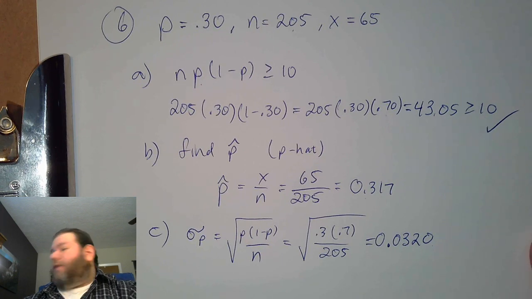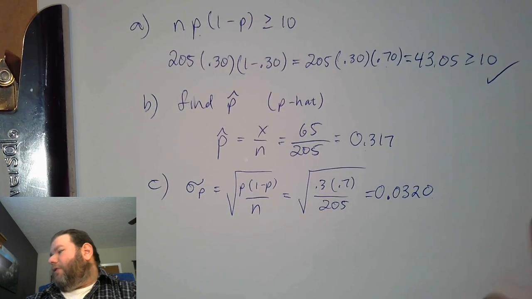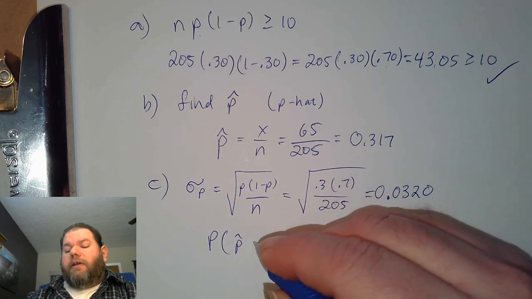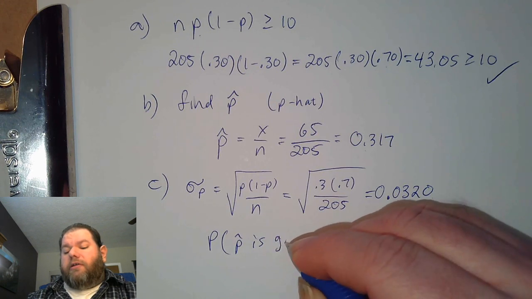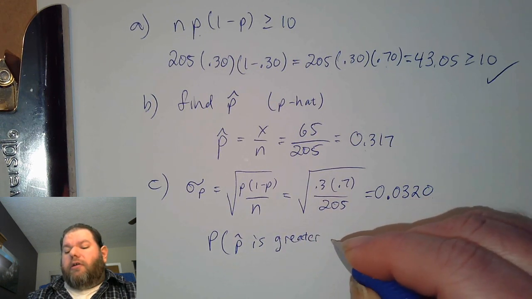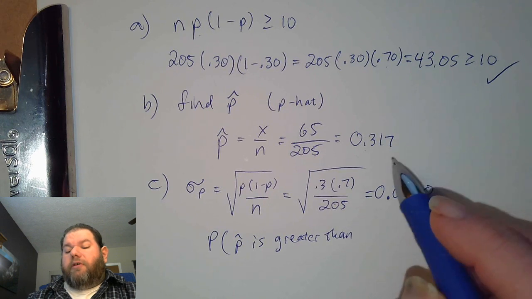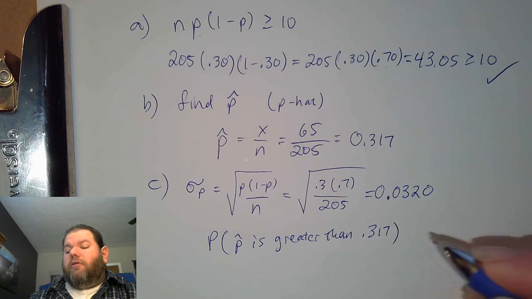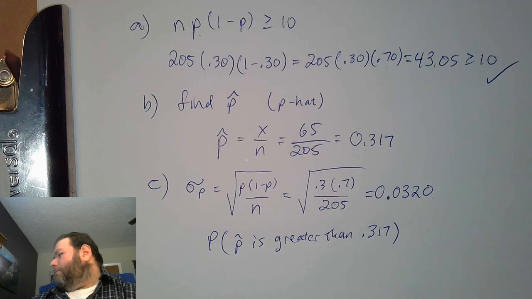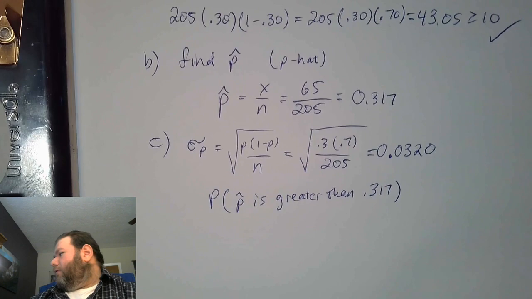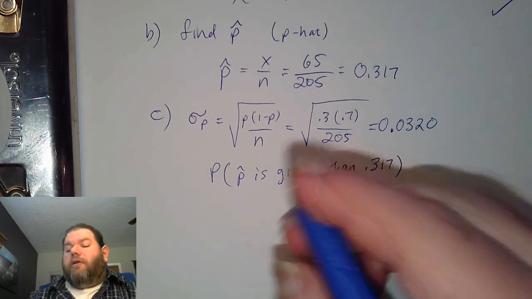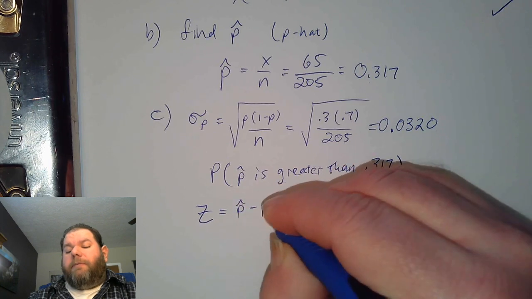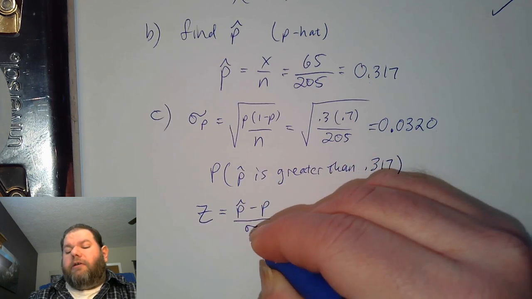So we have that, and finally we have a probability question that we want to answer. Probability that p hat is greater than the value in part B, 0.317. Okay. So our z-score is p hat minus p over sigma p.